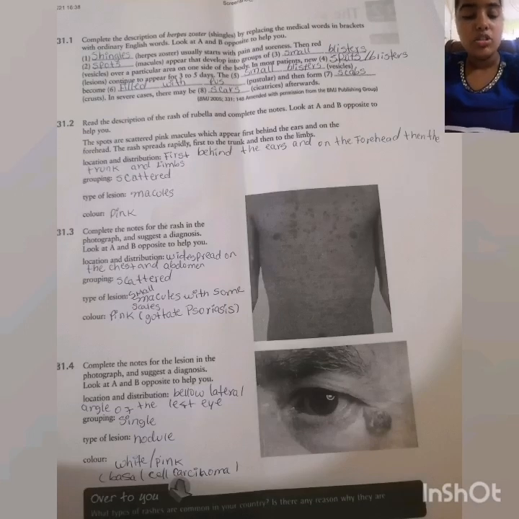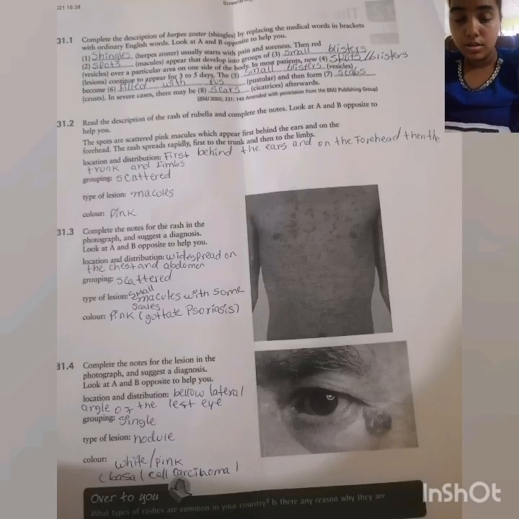Point 2. Read the description of the rash of rubella and complete the notes without A and B opposite to help you. The spots are small pink maculae which appear first behind the ear and on the forehead. The rash spreads rapidly first to the trunk and then to the limbs.